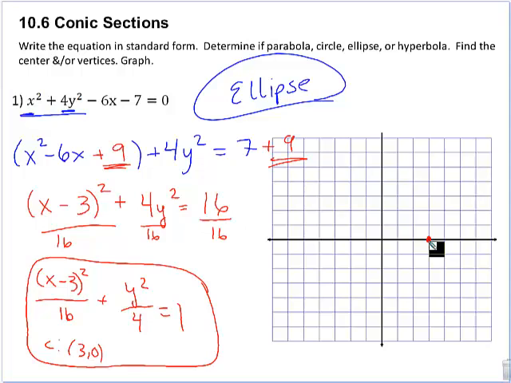Attached to the x, the denominator is 16, so that tells us how far do we go in the x direction? 4 each way, or a total distance of 8. Okay? And then in the y direction, y squared is over 4, so how far up and down do we go? We go up and down 2.